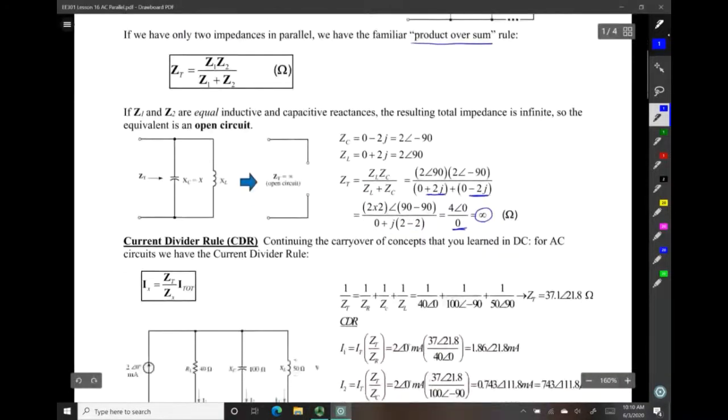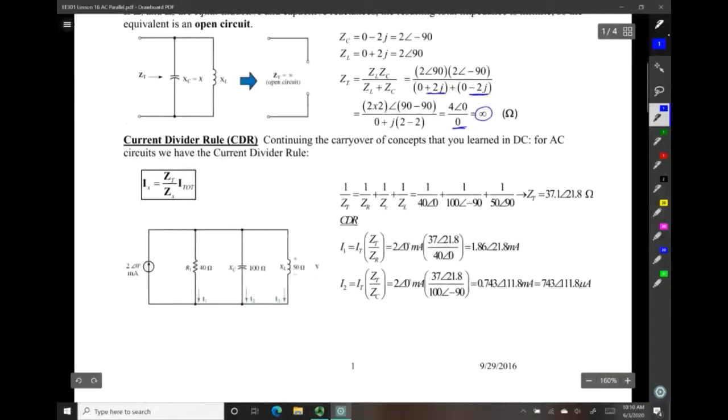Alright, so if we move on to the current divider rule, again, all of the concepts from the DC side carry over to AC circuits. We're just dealing with phasors for current and impedances as opposed to resistors. So we see from the circuit right here, we have this current going in to these parallel elements.